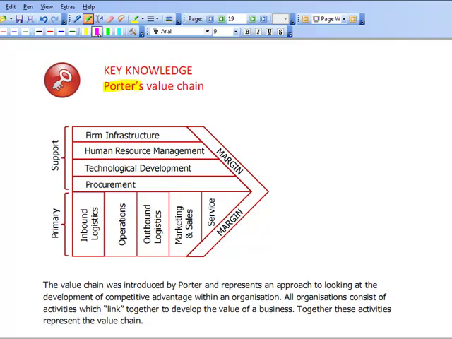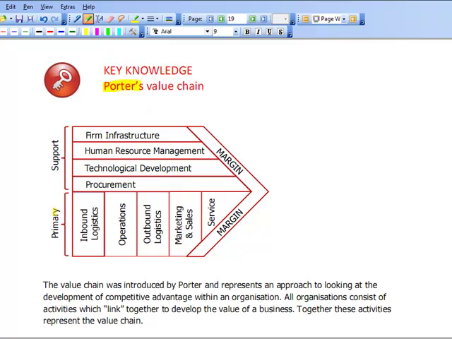As we can see from the diagram on page 19 of your Express Notes, this is what is known as a value chain. The value chain gives a bird's eye view of an organization and how the various activities are structured together.